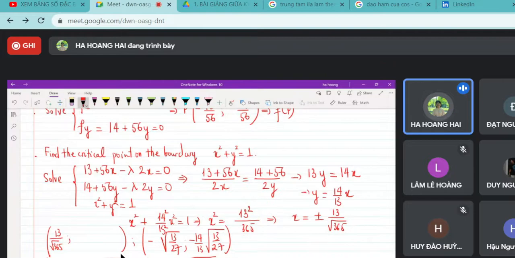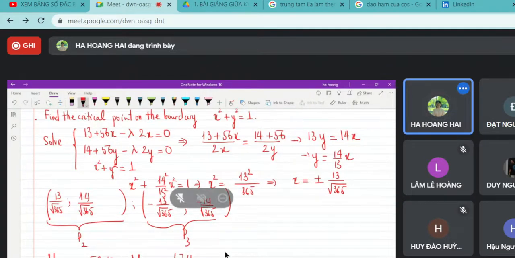If we multiply this, we have the first point, and also for the second point, minus 14 divided by. So now let's check that the results at these critical points give us the value of max and min.